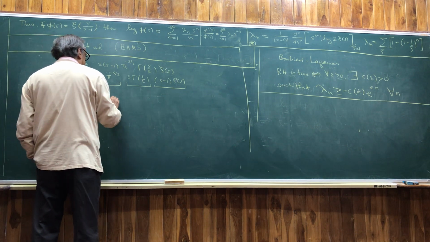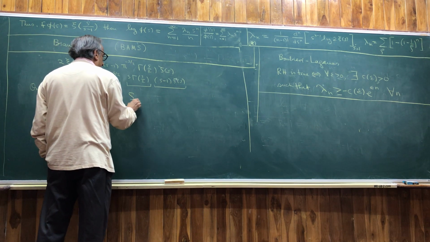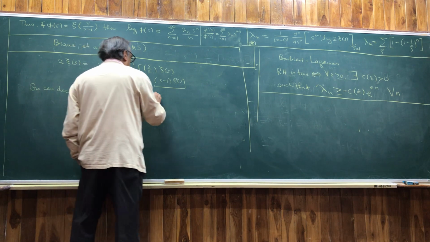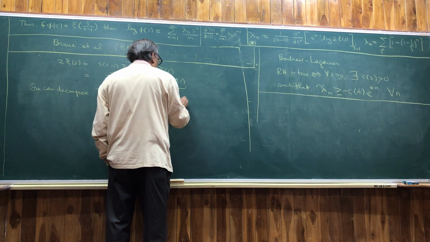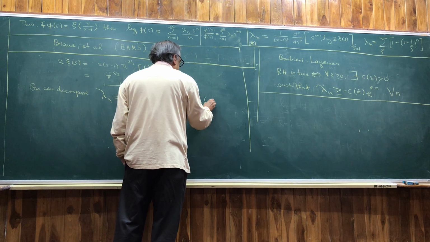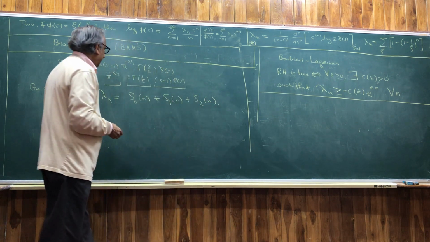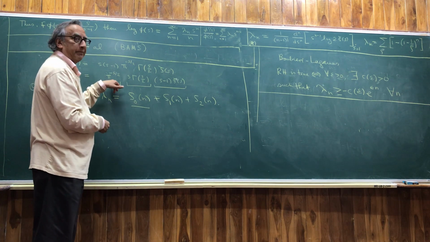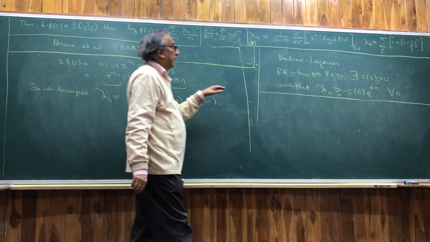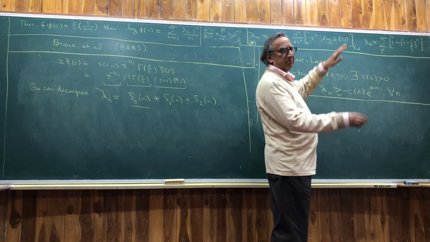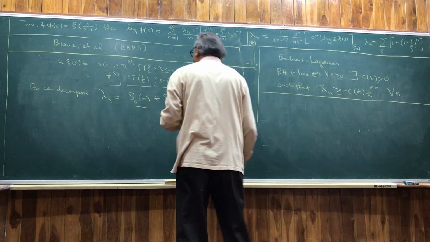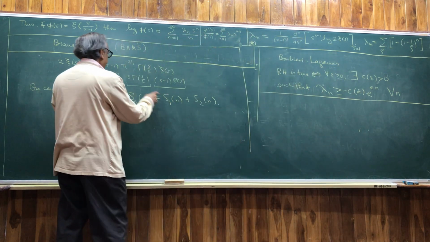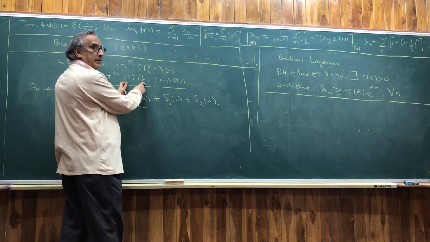Lambda n as an S0 of n plus S1 of n plus an S2 of n, where S0 is the contribution from pi to the minus s over 2 and this s to the n minus 1. One can easily figure that out. The second part, S1 of n, is coming from the gamma piece.